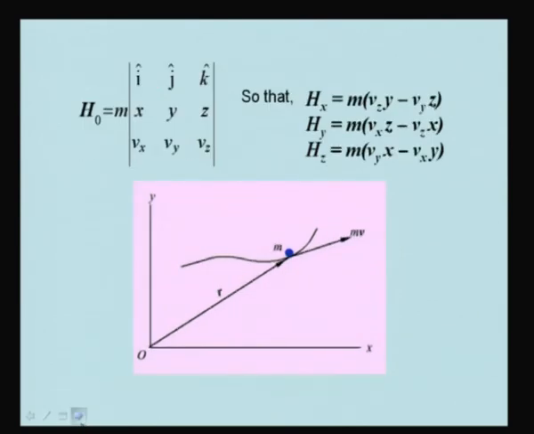Now, in component form, the cross product R cross mv gives us H0 equal to m times the determinant of i j k, x y z, Vx Vy Vz, so that Hx is equal to m (Vz y minus Vy z), Hy is equal to m (Vx z minus Vz x), and Hz is equal to m (Vy x minus Vx y).